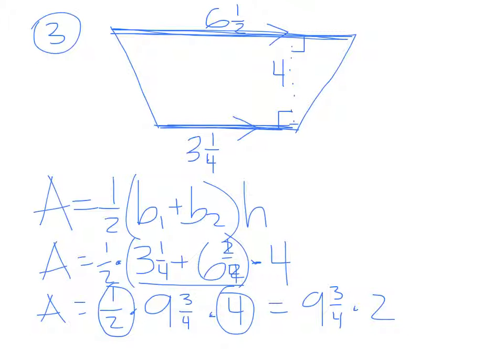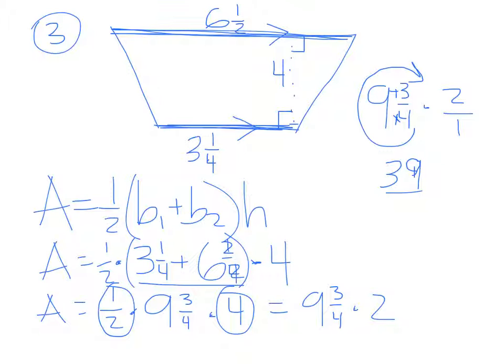Take those and multiply them. I'll write those up here. Make that 2/1. There are a couple shortcuts, you might know them. But in this case we get 39 over 4, since 4 times 9 is 36, plus 3 is 39, times by 2/1.